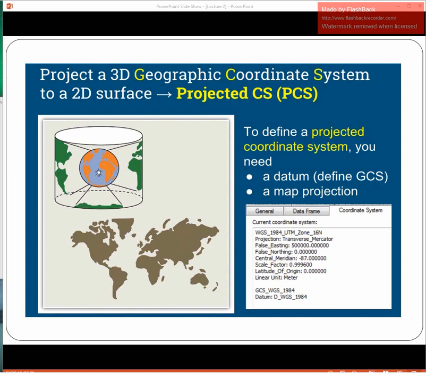Well, let's do a quick thought experiment. That's kind of illustrated here in the slide. Imagine you have a clear plastic ball with the outline of all the continents and latitude and longitude drawn onto it with a dark black Sharpie. You also happen to have a light bulb in the center of that ball that you can turn off and on with a switch. Third, you have a piece of paper wrapped around the ball like a cylinder, touching the ball only along one narrow strip.